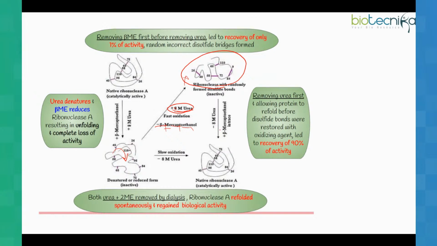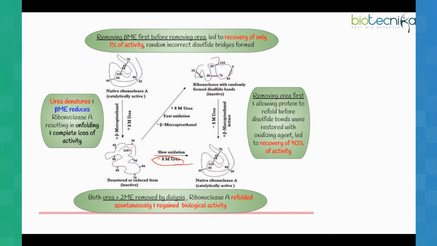Okay, but when you remove the 8 molar urea and keep some amount of beta mercaptoethanol, the protein will try to come back in the original form, forming the disulfide bonds. But even if some wrong disulfide bonds are formed, they might have a tendency to correct themselves. Okay, so from here you will have slow oxidation where these will join, and you can also remove the 8 molar urea from here.